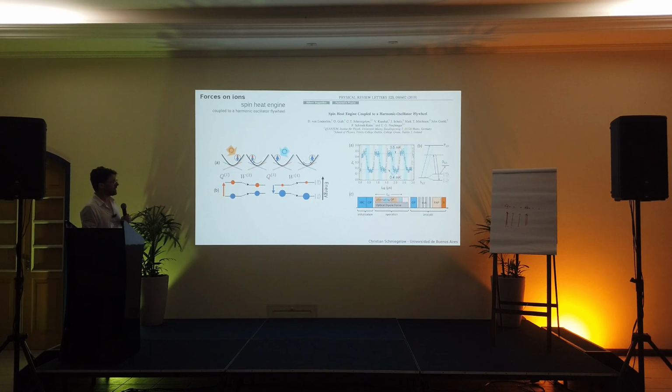We showed that we can actually drive a thermal engine of a single ion, where the spin was the work mechanism, what was being compressed and decompressed as it moved in the optical potential, and the motion of the ion was what was accumulating the thermal energy. So the spin got pumped to either this polarization or the other one, so more polarized in one direction and more polarized in the other direction.